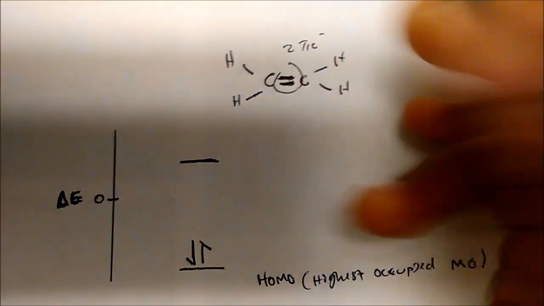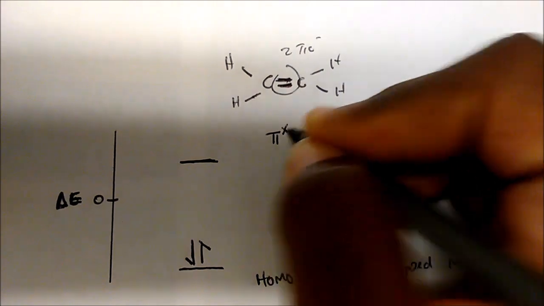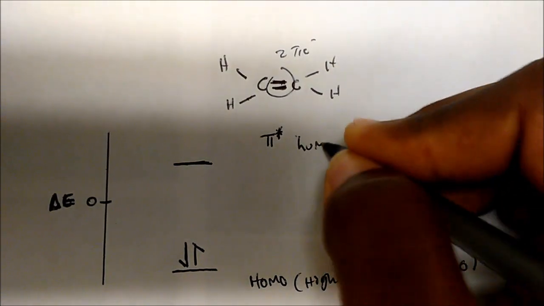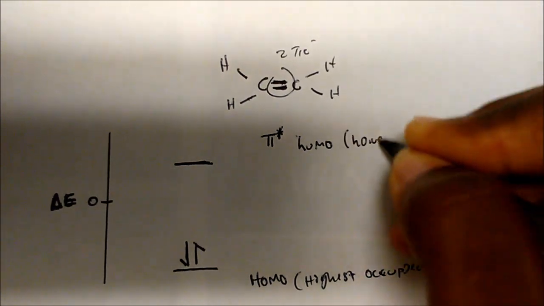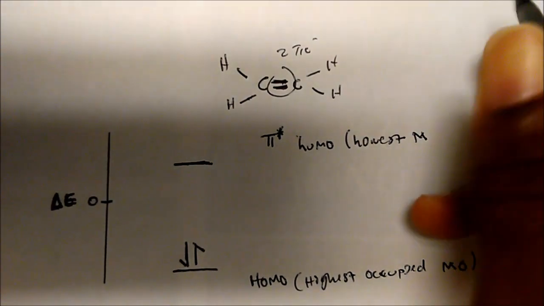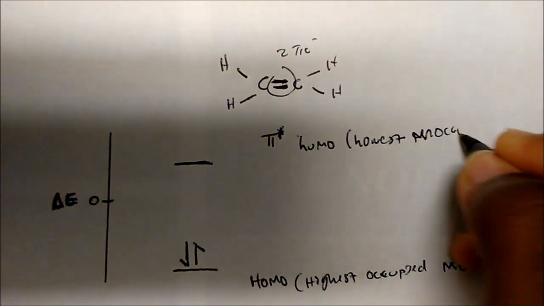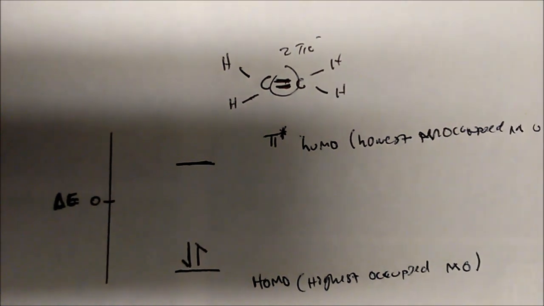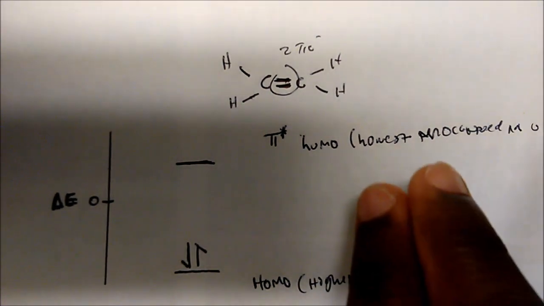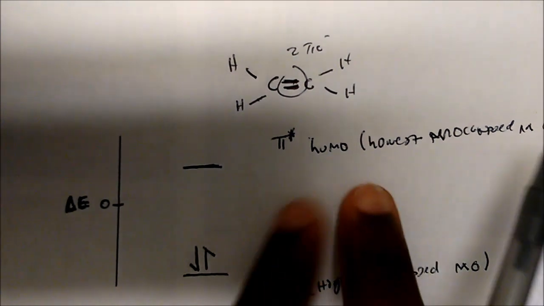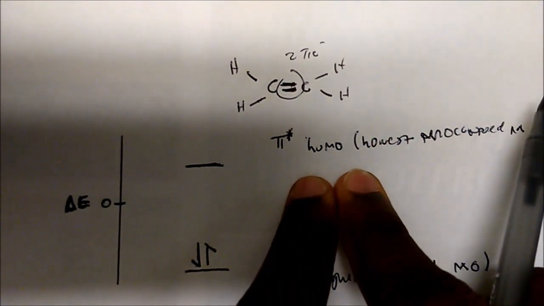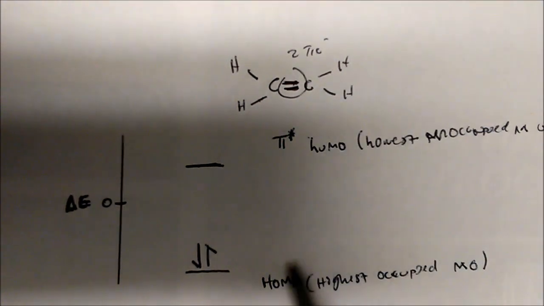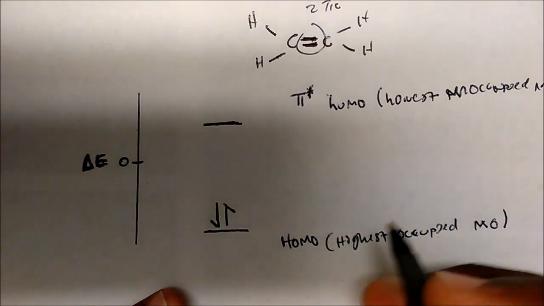This is commonly referred to as pi star or LUMO, the lowest unoccupied molecular orbital, which means we're showing no bonds in here. So there's no electron; all the electron density is down where we have maximum bonding.